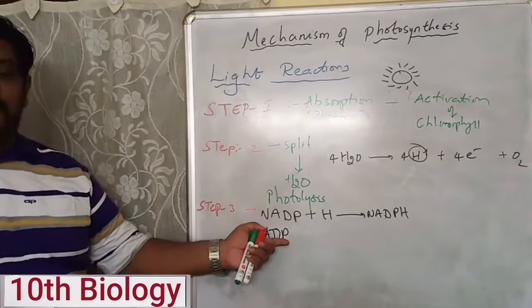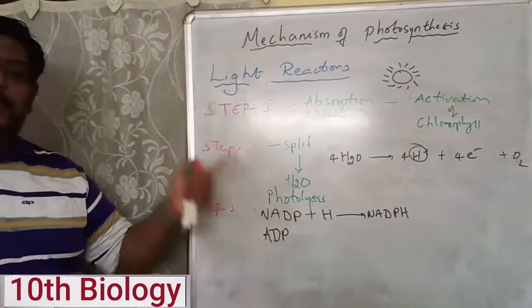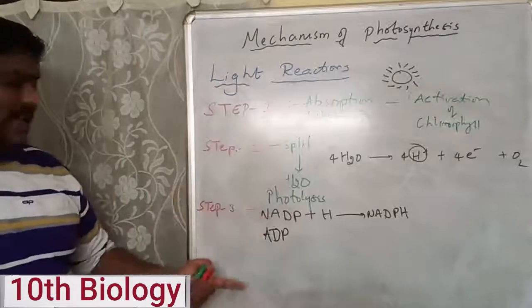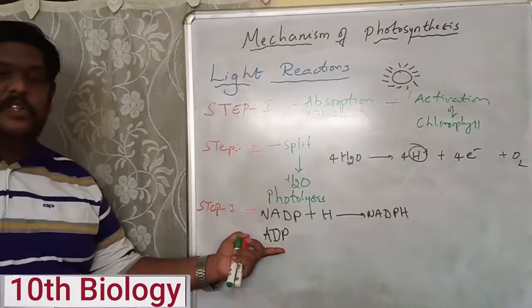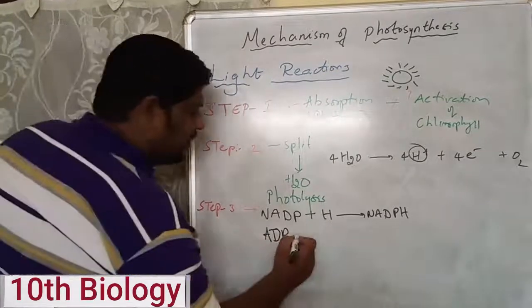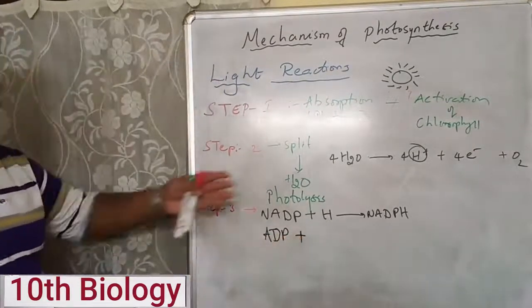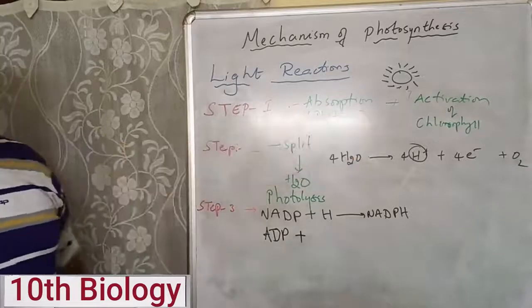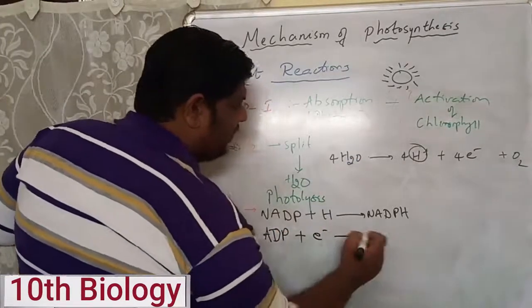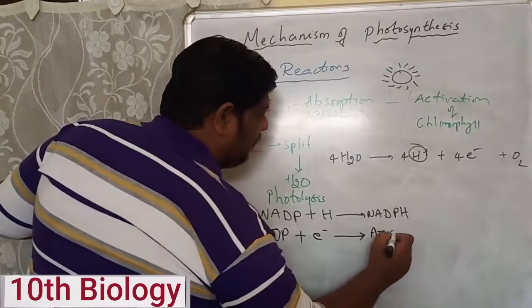This is also present in the chloroplast. Now this ADP is also an energy rich compound, and what it will do is it will take the electrons, that is e minus, and then they become ATP.